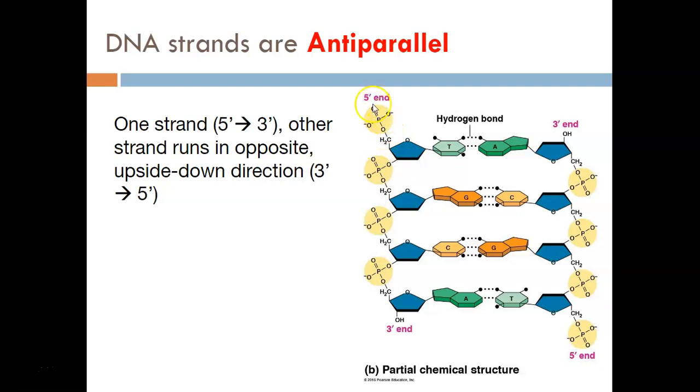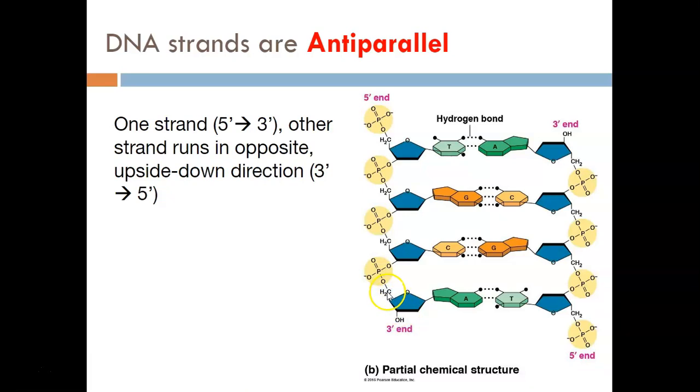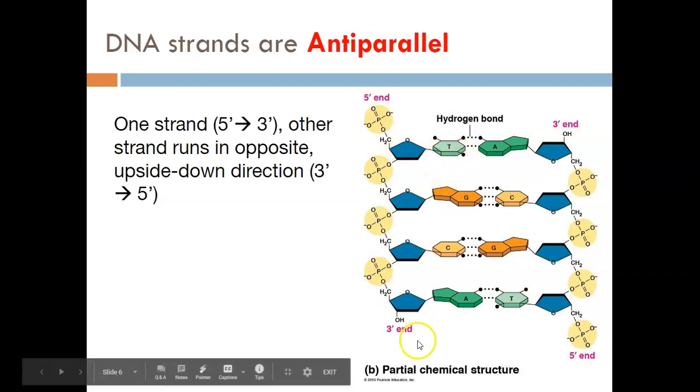So we have a 5' phosphate here, and it alternates all the way down, and then we have this little 3' sugar here. So this is the 3rd carbon. There's a 4th carbon, and then the 5th one up here is the one that has the phosphate on it. So DNA is always replicated in the 5' to 3' direction.